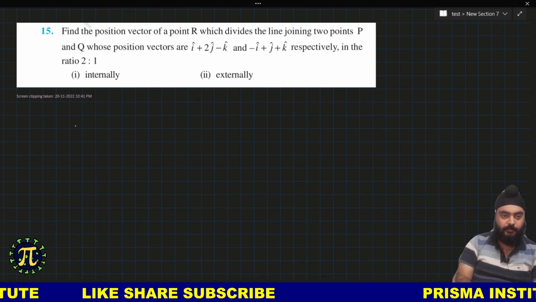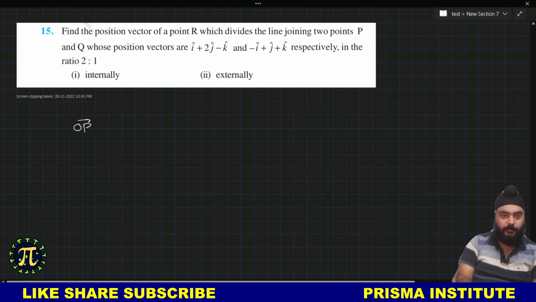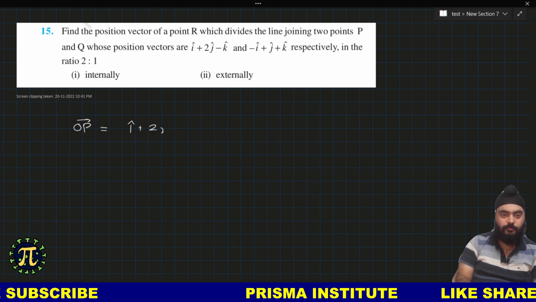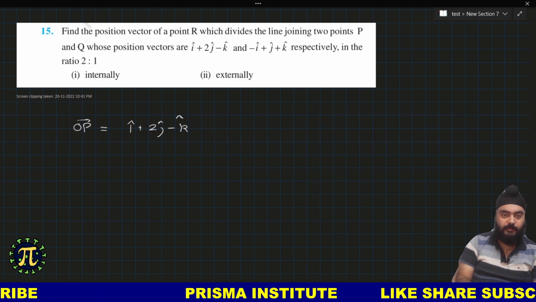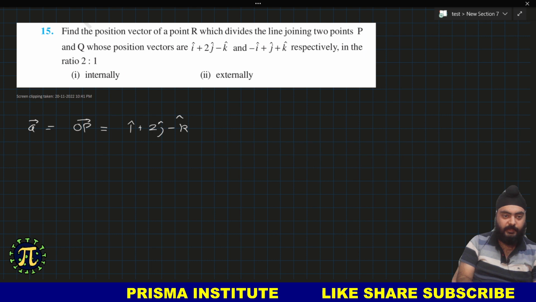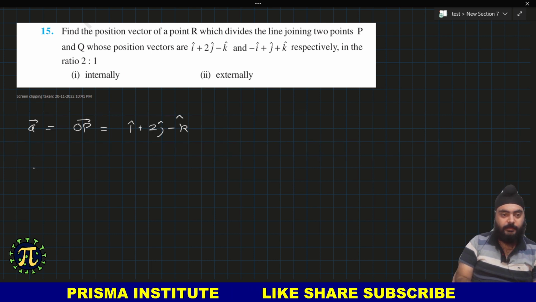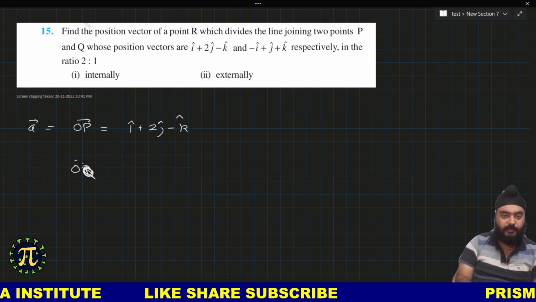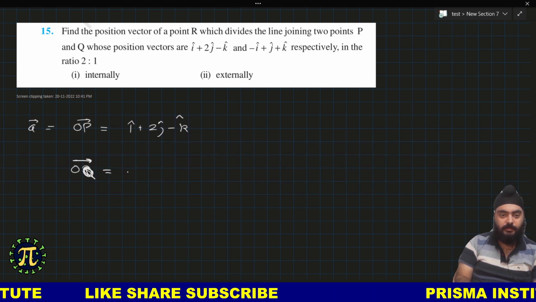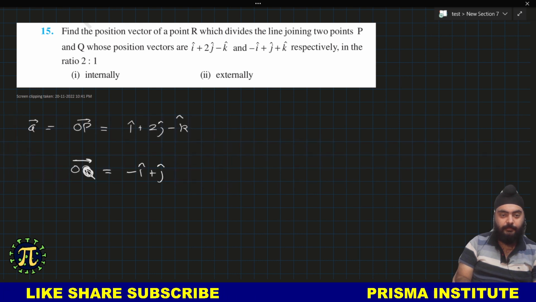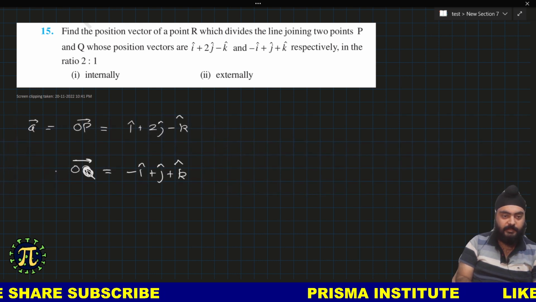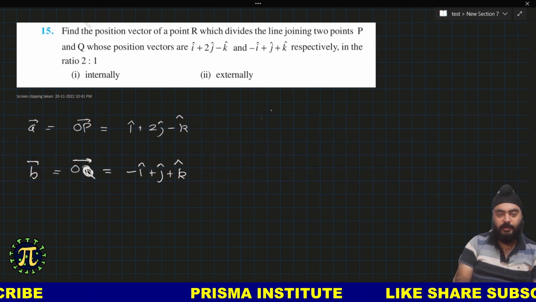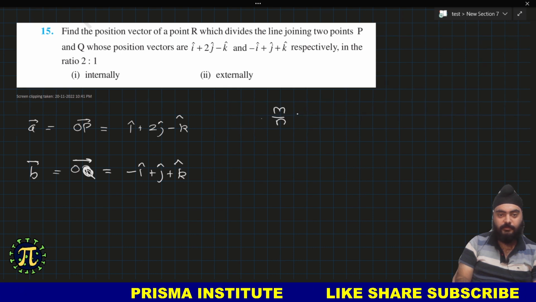We have OP vector. So position vector of point P is I cap plus 2j cap minus k cap, right? So let me call this the A vector. And let's say OQ vector, the position vector of the second point, what is that? So that is minus I cap plus j cap plus k cap, and let me call it the B vector. So our ratio m is to n, m by n is 2 by 1, right?